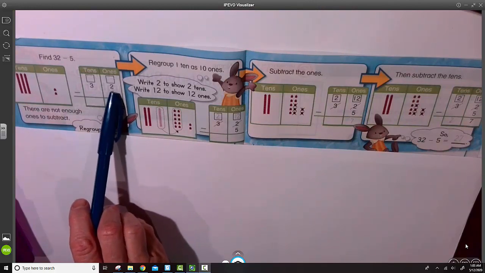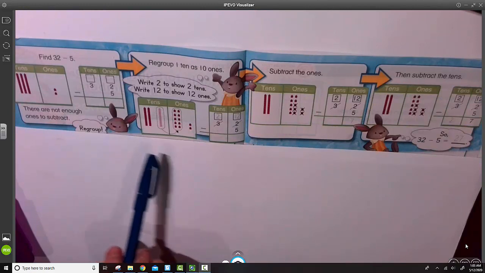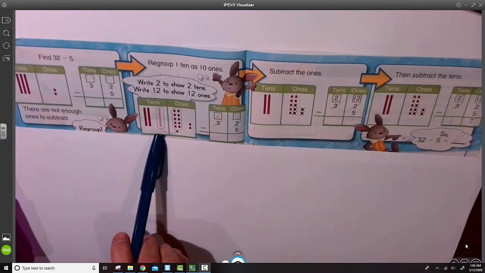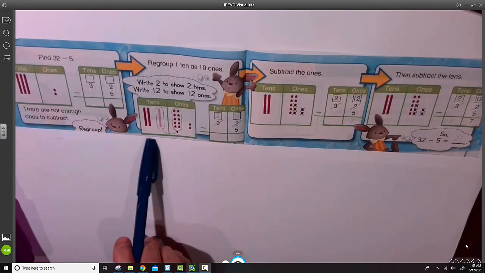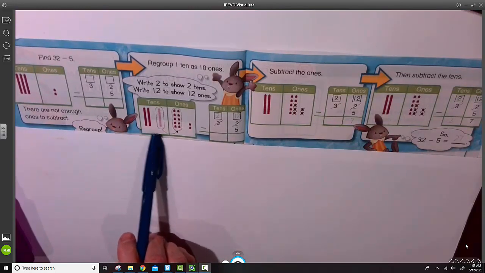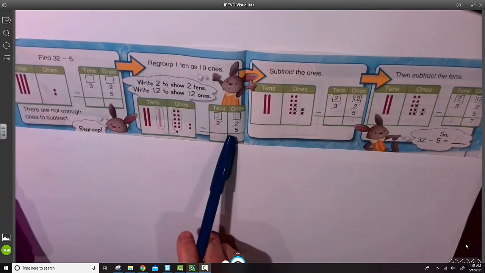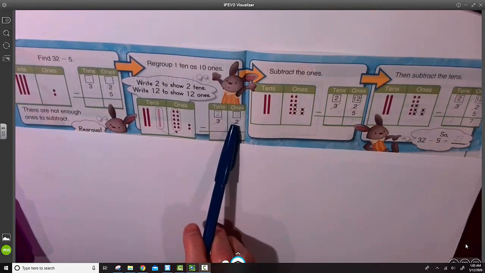Again, 2 ones is not sufficient to subtract 5 ones. So the regrouping takes place again. One of the tens is exchanged for 10 ones. So now we have 2 tens and 12 ones. You can see that the algorithm is formatted here, showing the 2 tens and 12 ones.